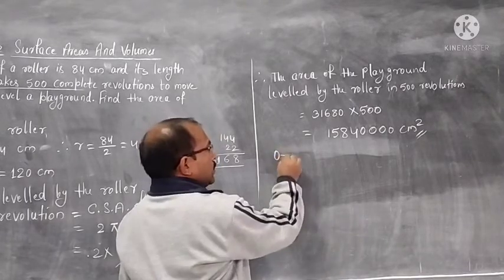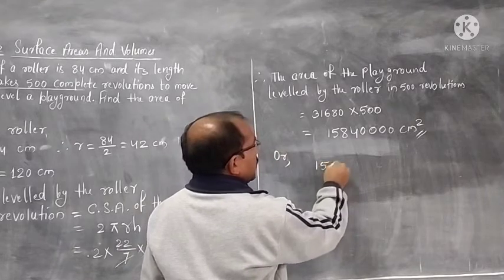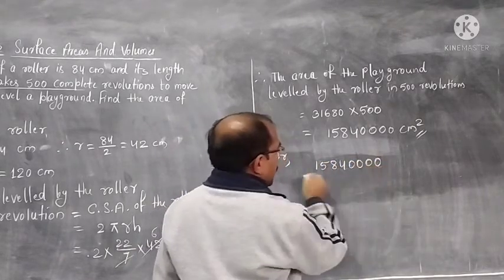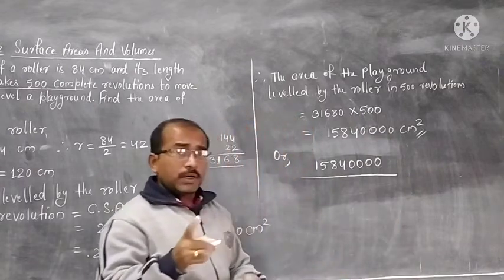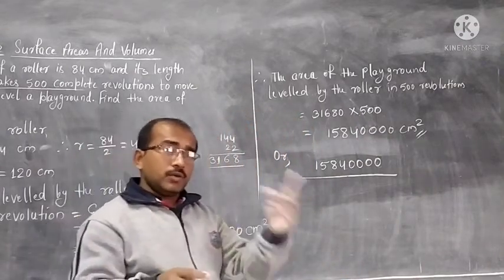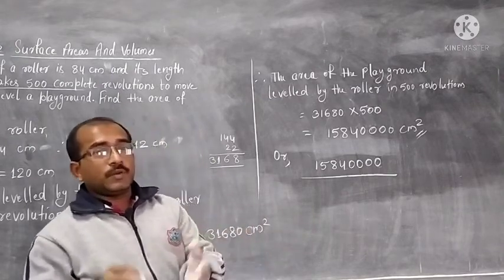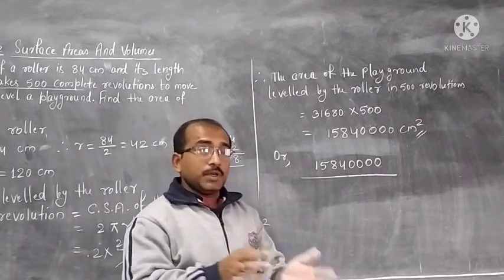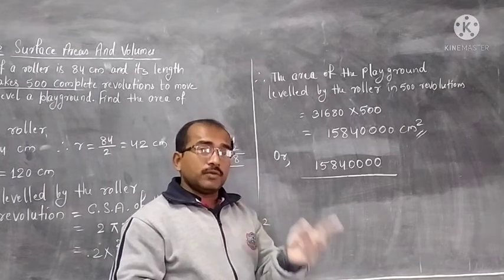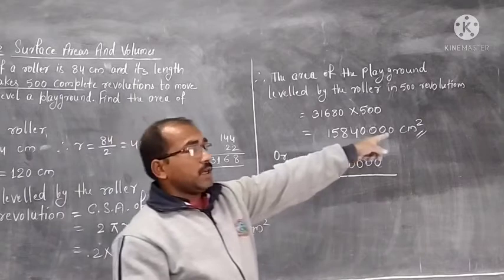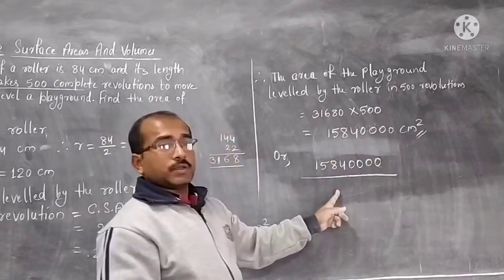So, how to convert centimeter square into meter square? That is my question. I didn't ask how to convert meter into centimeter or centimeter into meter. It is centimeter square converting into meter square.